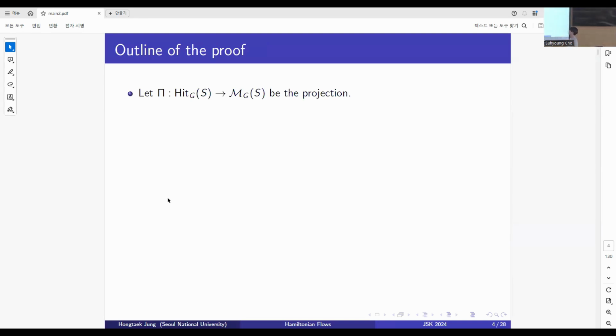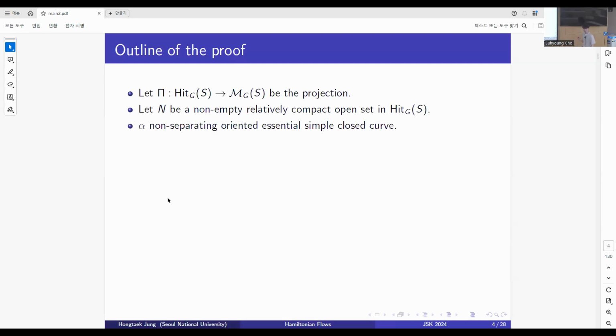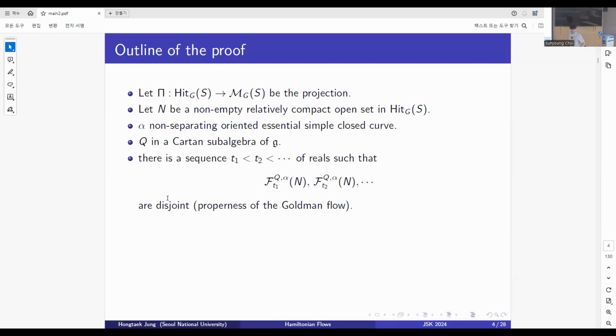So let's say the capital pi is the projection from your G-Hitchin component into the moduli space. And let's say N is a non-empty relatively compact open set in the Hitchin component. And take any non-separating oriented simple closed curve and take any Cartan subalgebra element Q. And then you construct the following sequence of open sets.